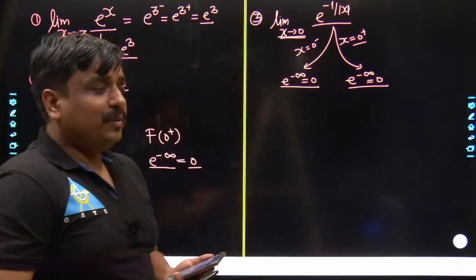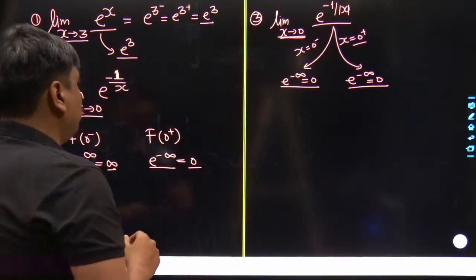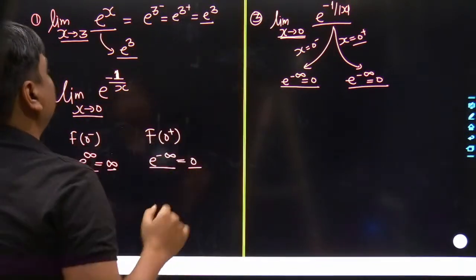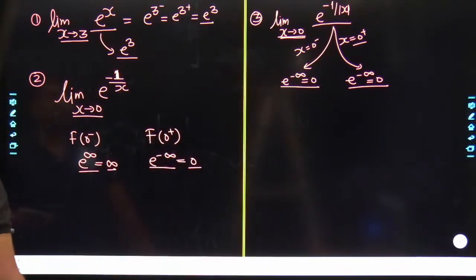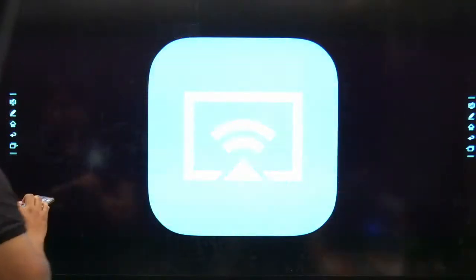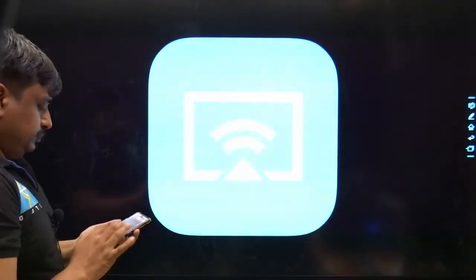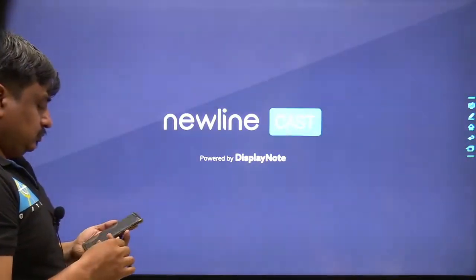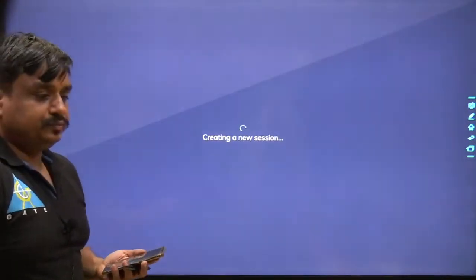So let me do one thing, let me draw this curve over the 2D grapher. The function is e to the power of minus 1 divided by mod of x. So let me draw this. Just a minute.